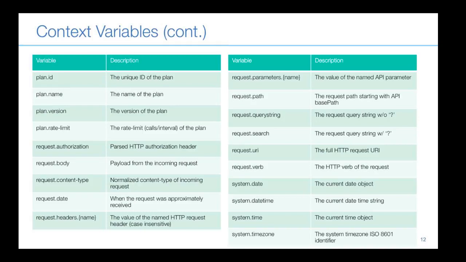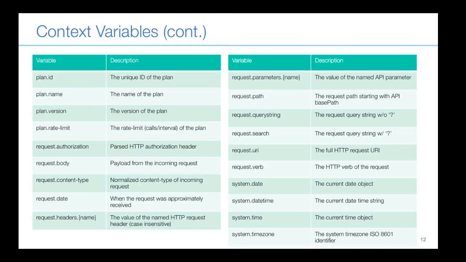Those two variables are system.date and system.time. In DataPower, the system.date is a string and system.time is also a string, but on micro gateway, system.date and system.time are JSON objects.